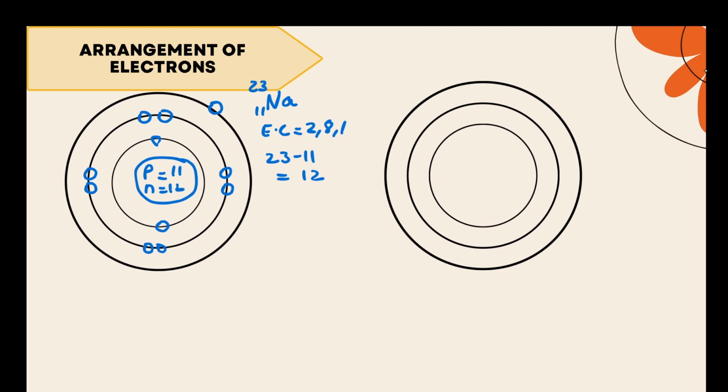If we take the example of aluminium, the atomic number is 13 and the mass number is 27. Its electronic configuration will be 2, 8, 3. The first shell will have 2 electrons, the second shell 8 electrons, and the remaining 3 electrons in the outermost shell.